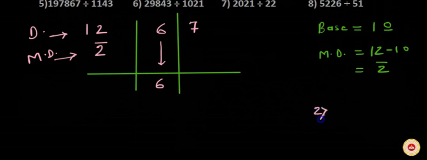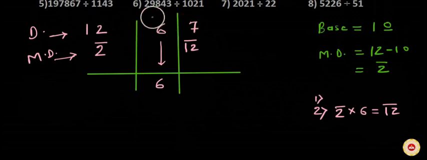So step number 2. First step was writing this 6 as it is in the quotient area. And now this is the second step. -2 multiplied by 6 is -12. So write this -12 below the second digit of the dividend.